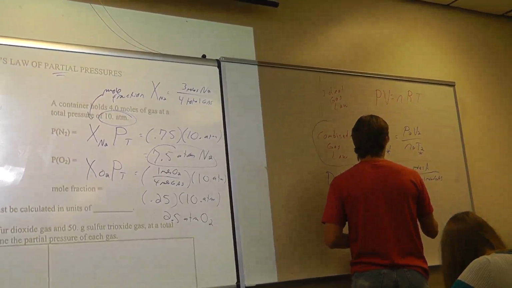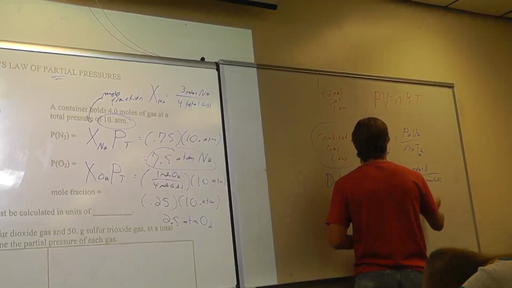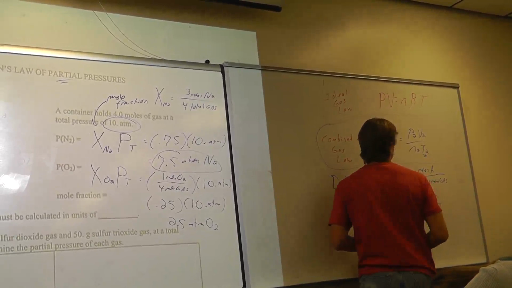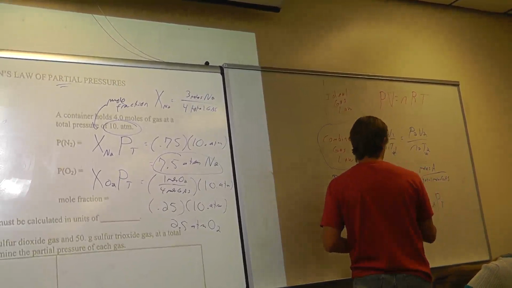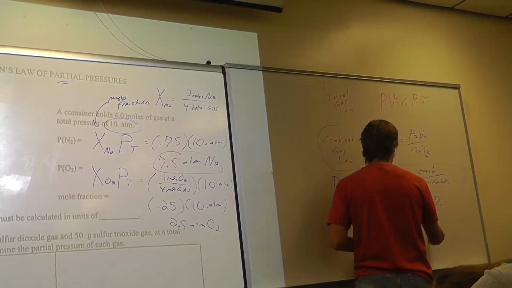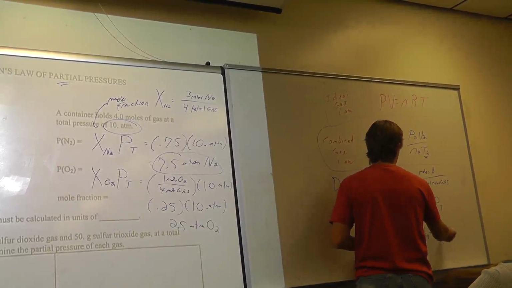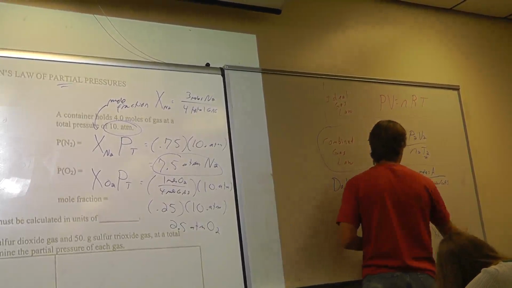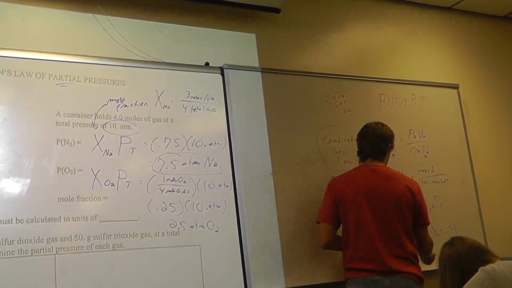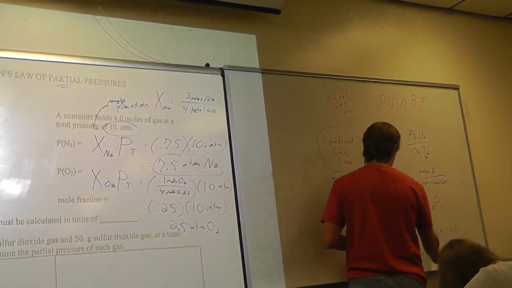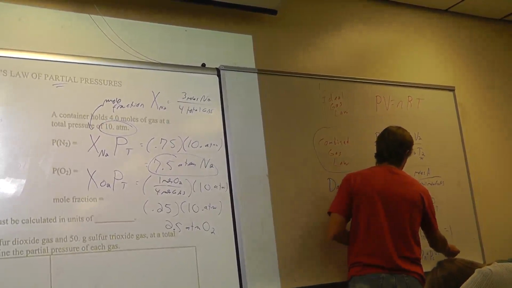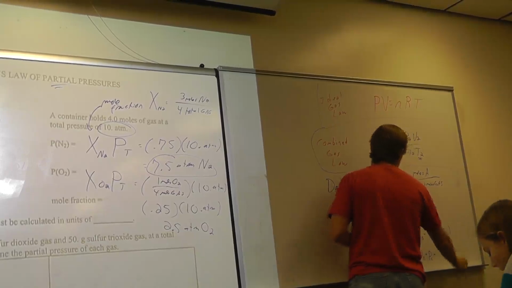The pressure for that particular gas is its mole fraction times the total pressure. The sum of all the mole fractions for however many items you've got has to come out to be 1. And the sum of all the individual pressures has to come out to be the total pressure.